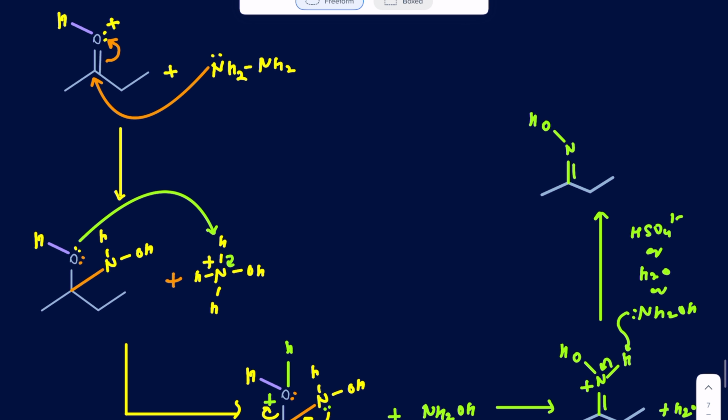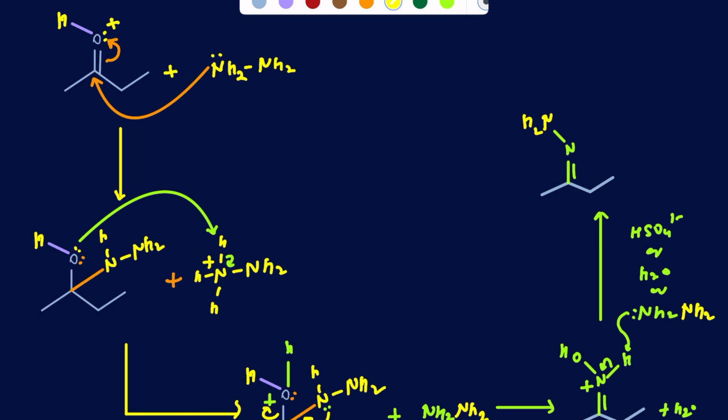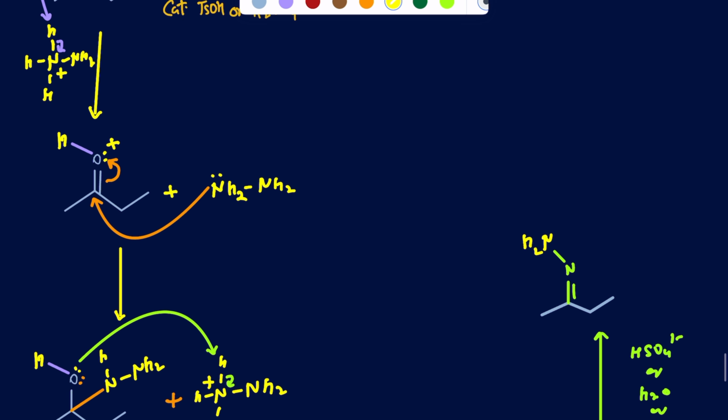What I'm going to change is place the NH2 there, NH2 there, NH2 there. You could have just compared this with the primary amine as well. And an NH2 there and an NH2 there. So this makes a hydrazone at the end of the day.